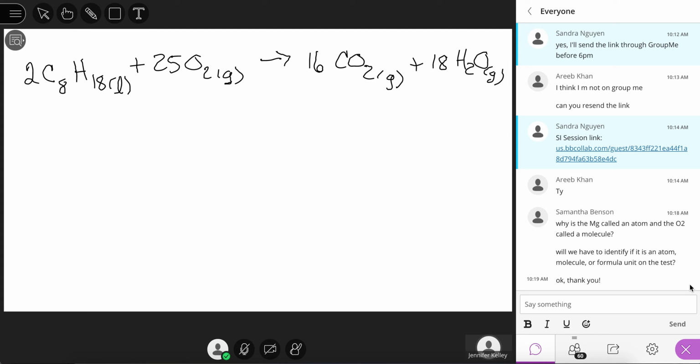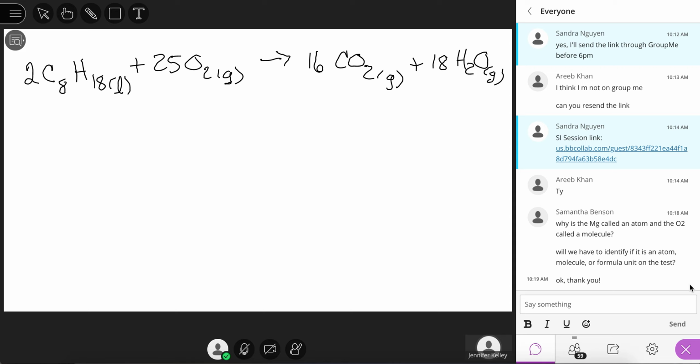So the hydrocarbon is C8H18. And so that's making carbon dioxide and water, as it always does. So we balanced, I think we actually balanced this. If we didn't balance this, we balanced something really similar to it on Tuesday.